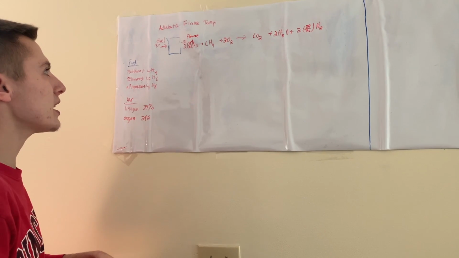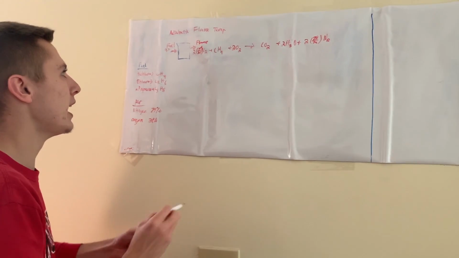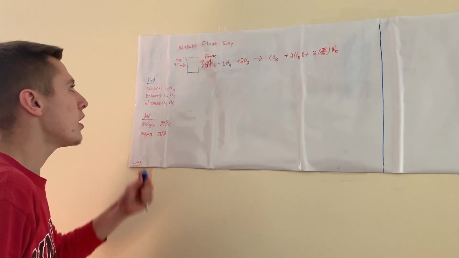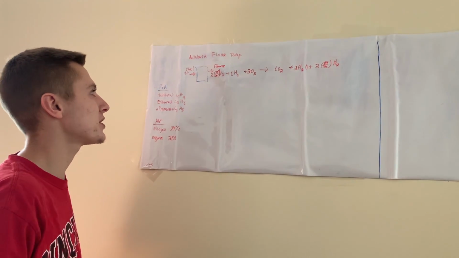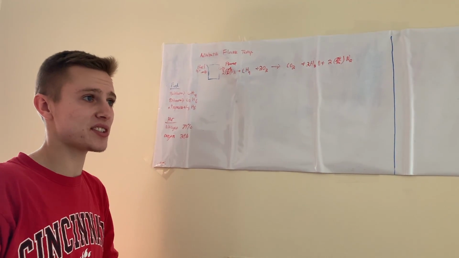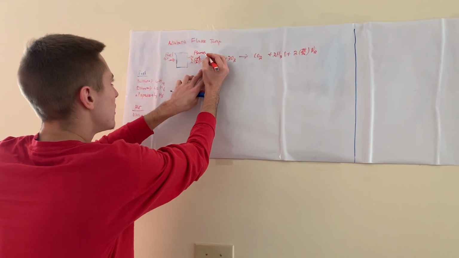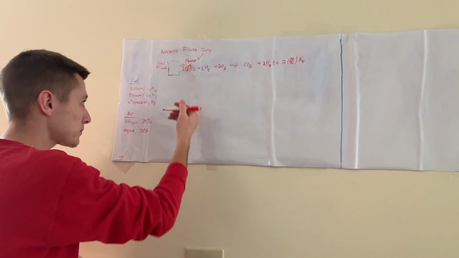And we're going to say that everything is perfectly burned here, so nothing is left out. This is a steady state, so it's adiabatic. There's no heat loss. There's no flow work being done on the system. The enthalpy going in is the same as the enthalpy going out. We'll get into that in a little bit. I just want to make sure we say that. So we're looking for the flame temperature, or the temperature coming out.